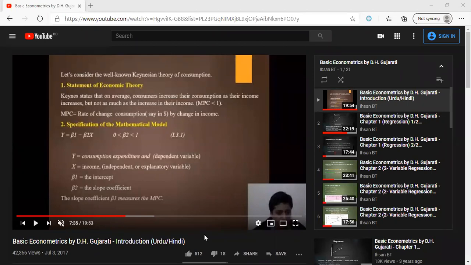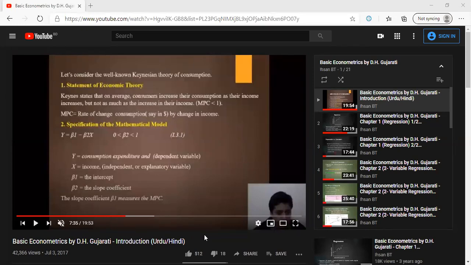So we're saying the dependent variable, consumption, linearly depends on income. The equation is Y equals beta 1 plus beta 2X. It's not minus, it's plus. Beta 1 is the intercept, beta 2 is the slope.